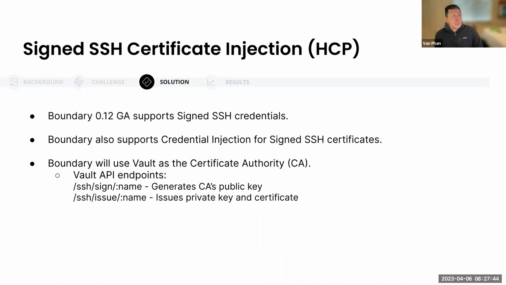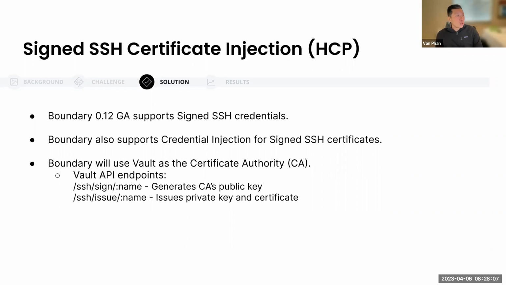Boundary also supports the injection of these signed SSH credentials as well. Credential injection is a feature we mentioned a couple of times already, but just to reiterate, credential injection is the ability for us to inject the credentials directly into the session on behalf of the user, so that when the user actually logs onto the machine, it's already logged them on, right?